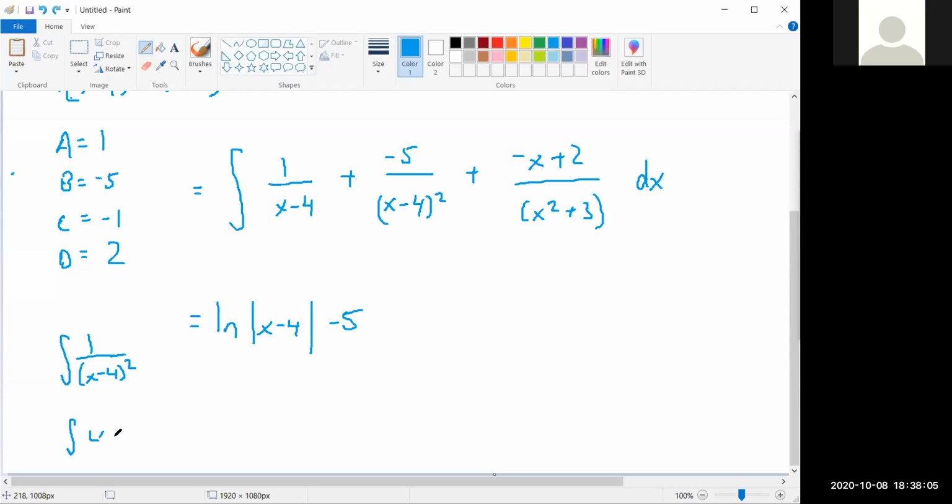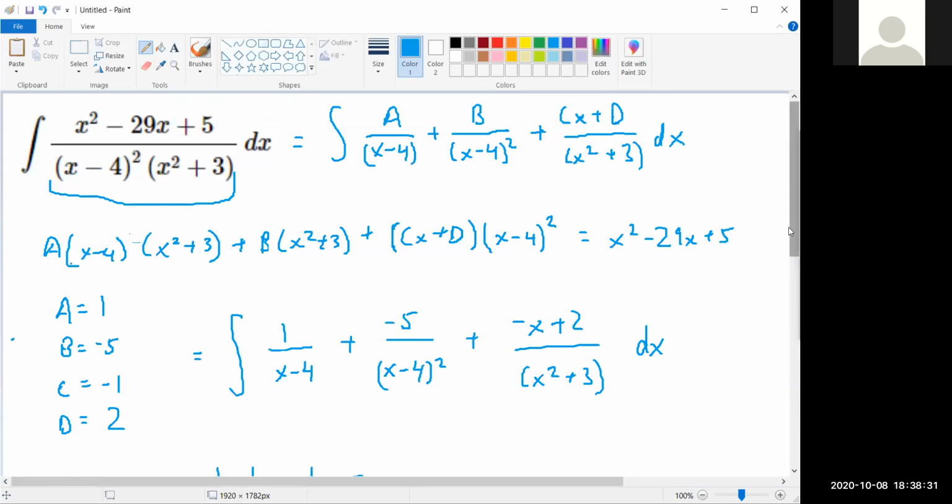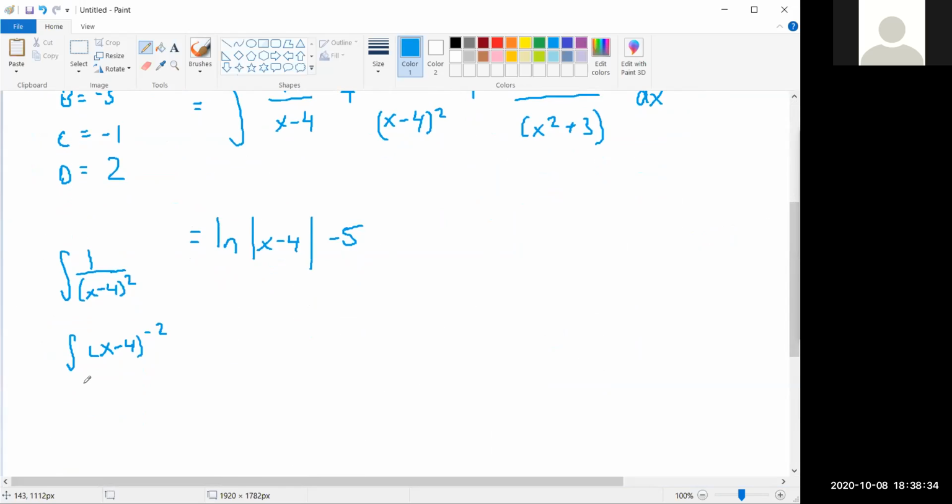So x minus 4 to the -2. So then the integral is x minus 4. You add 1 to the exponent and then you divide by the exponent. So it's that.